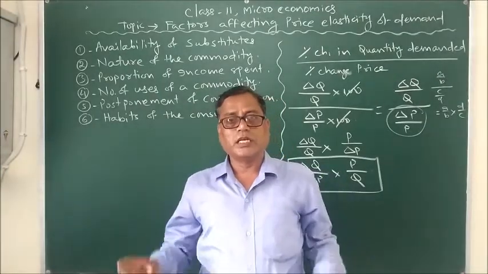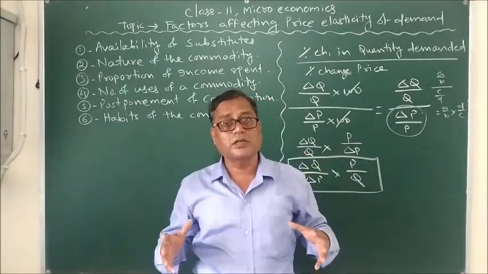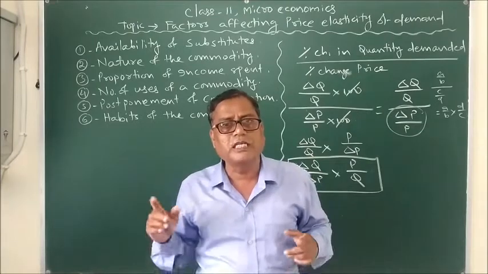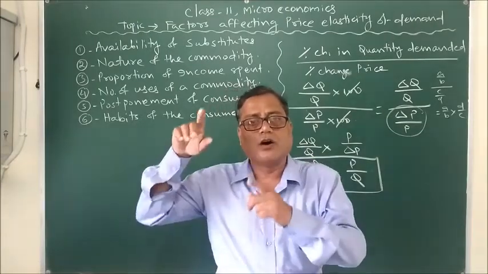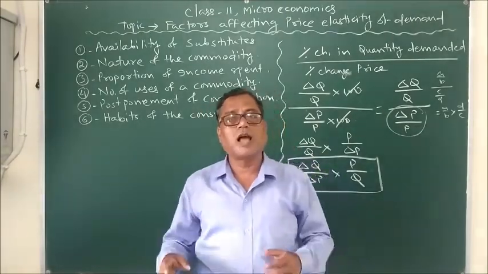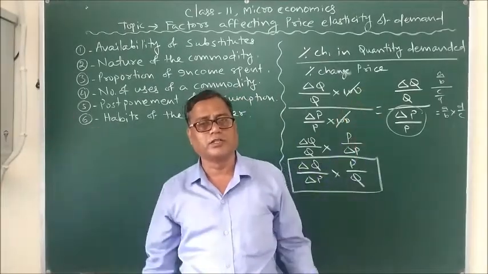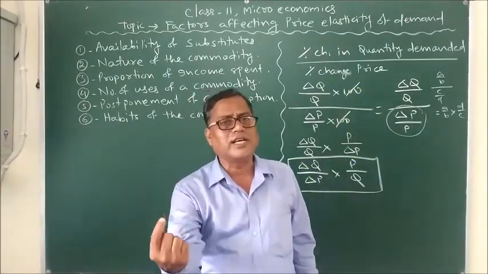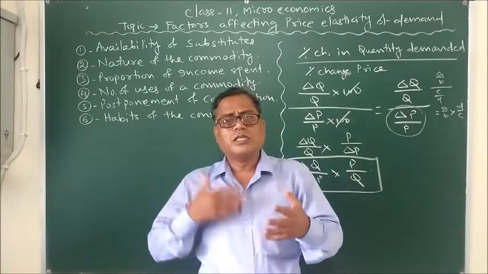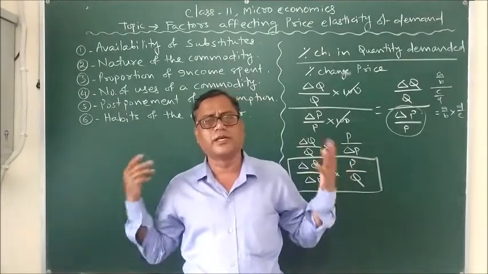That means, if a major proportion of our income is being spent on a good, then it would have a higher degree of elasticity of demand. That means, for a little change in its price, we would severely react and change the quantity demanded.